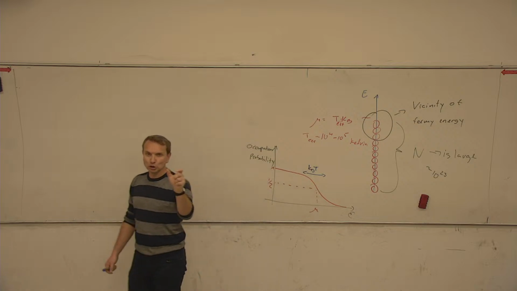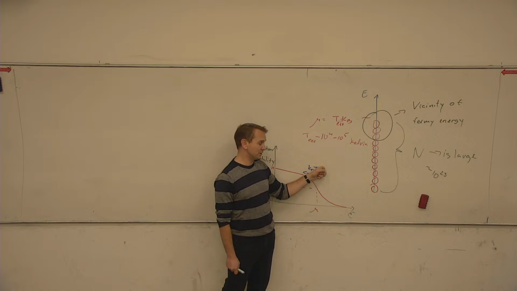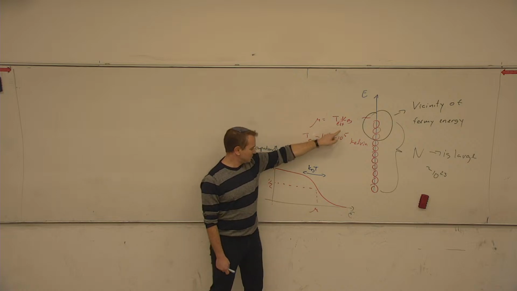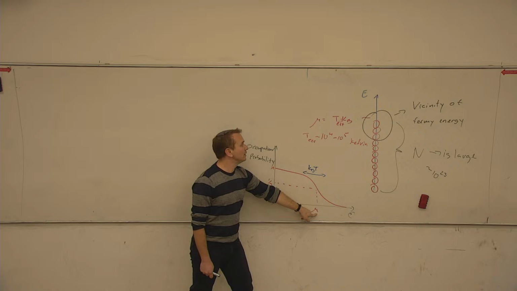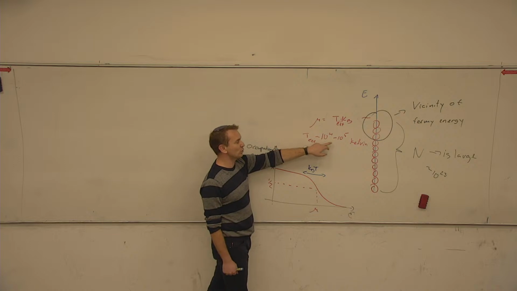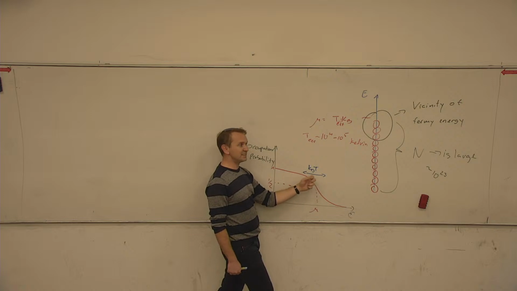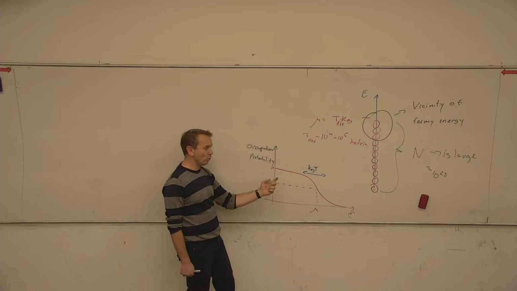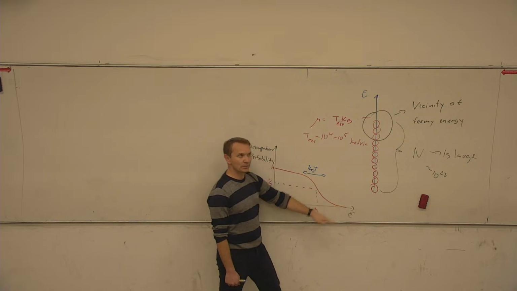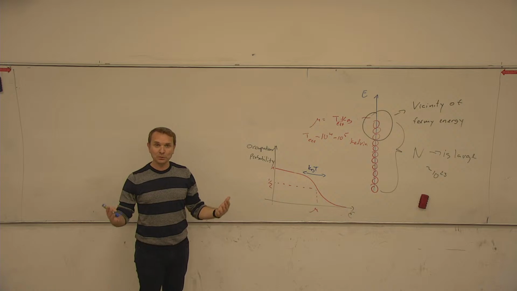Now we're speaking about low enough temperature, so this temperature is pretty low. What is mu? Mu is on the order of T effective. So this value is a big number, which corresponds to 10 to the 4 or 10 to the 5 Kelvin. Now there are some small variations about this number, so some energetic states can be occupied and unoccupied, basically states where the occupation probability is neither 1 nor 0. So those are the energetic states that contribute to something.